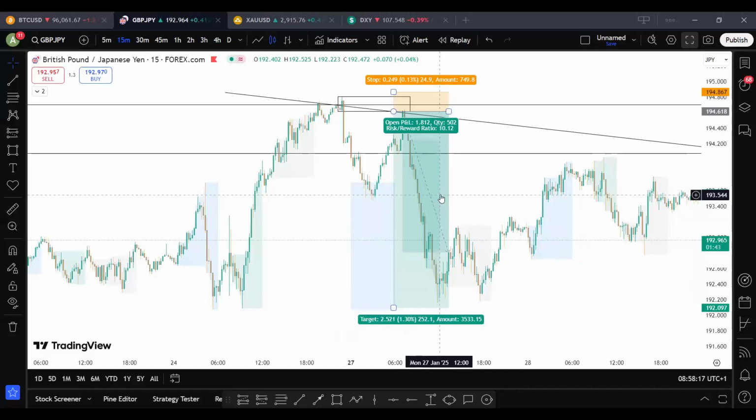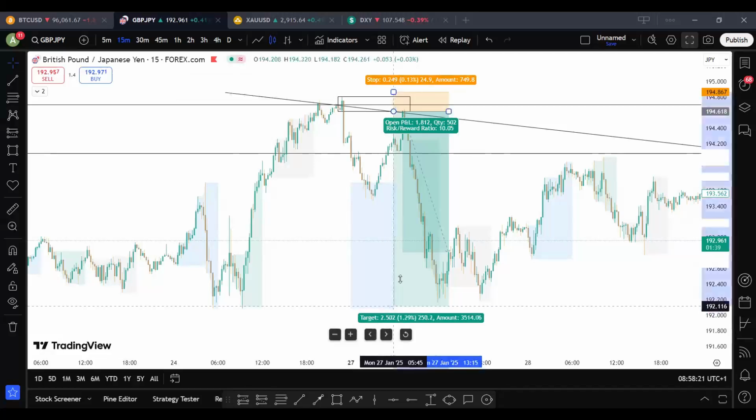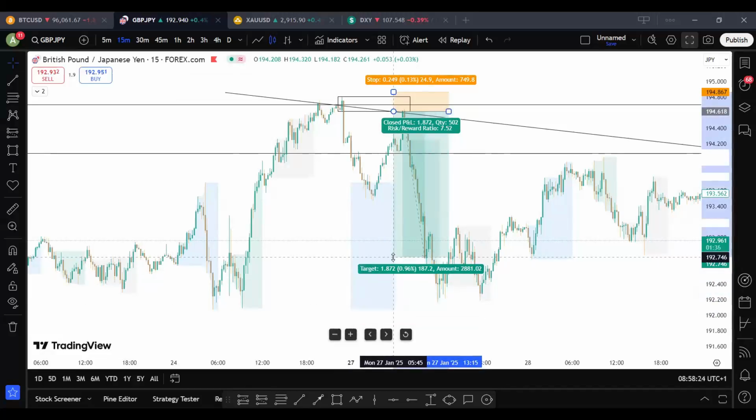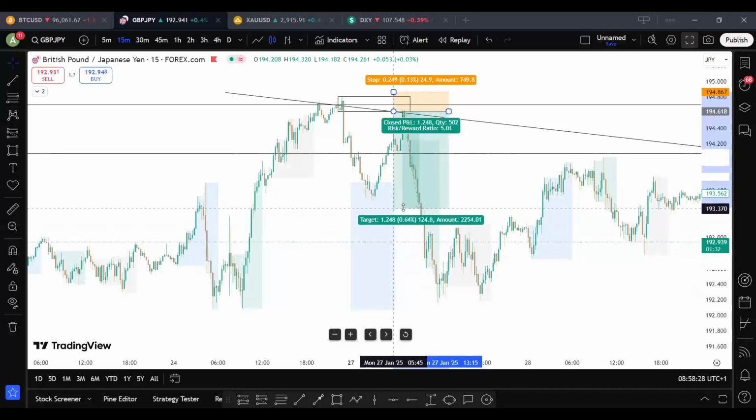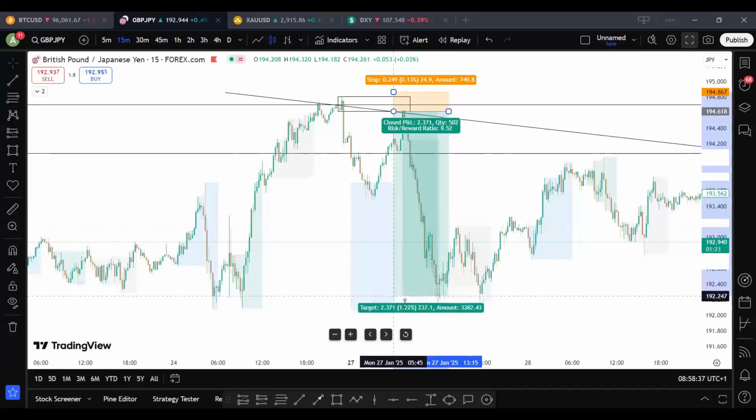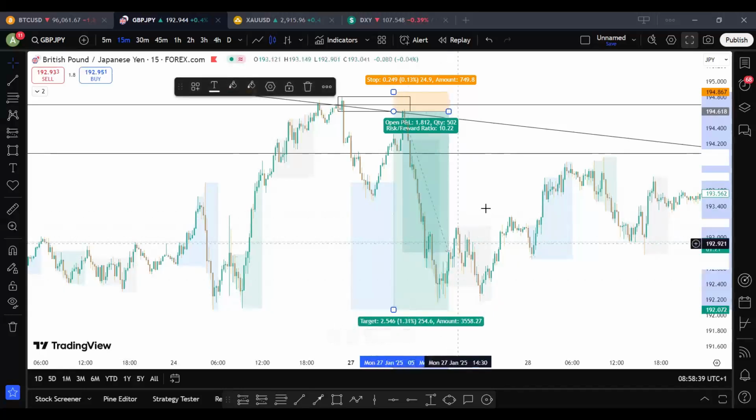That is 10 times what you risked for the stop loss. If you see 8, if you see 7, you'll be getting 7 times. If you see 6, and so on and so forth. If you take your profit here and you see 4, you'll be getting 4 times what you're risking. And that's just what risk to reward is.